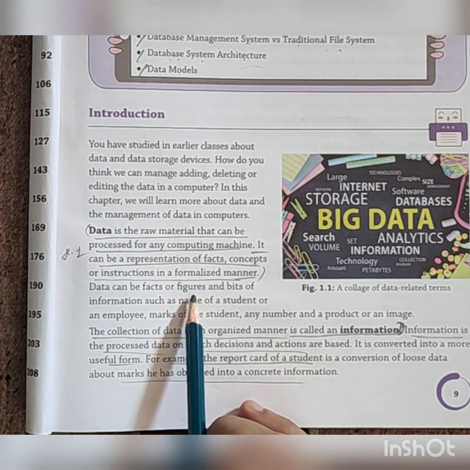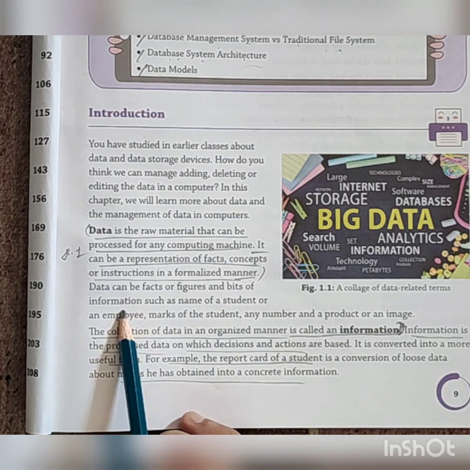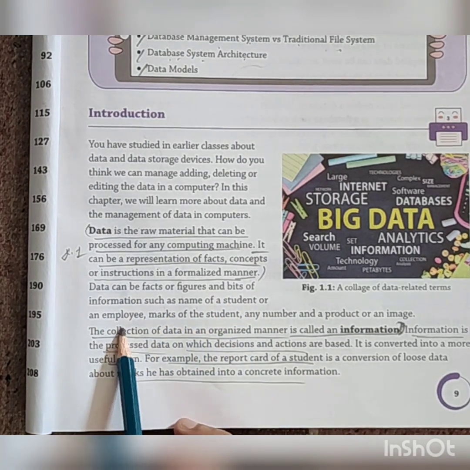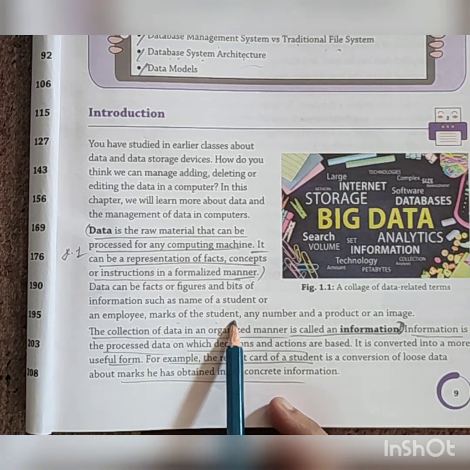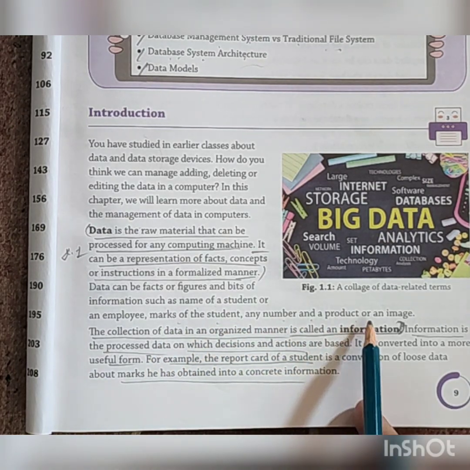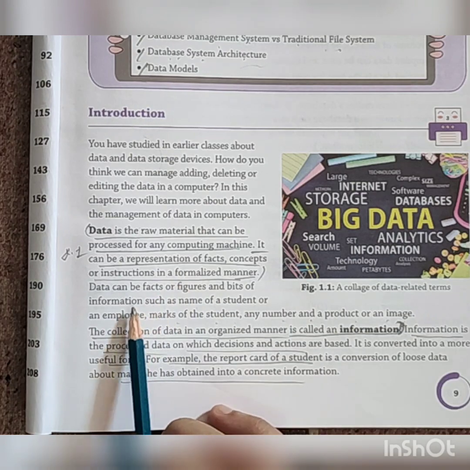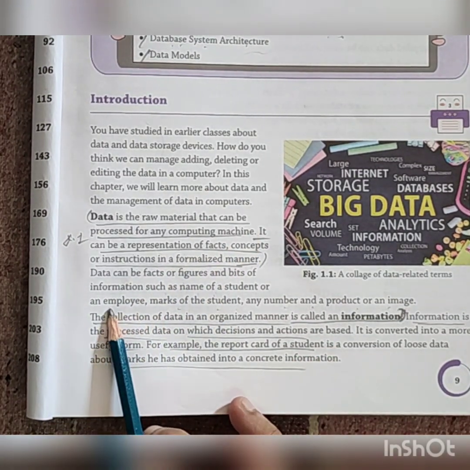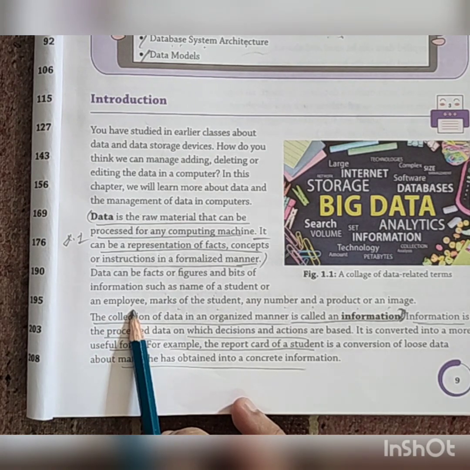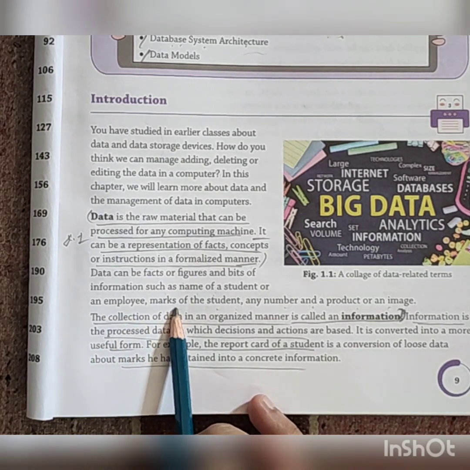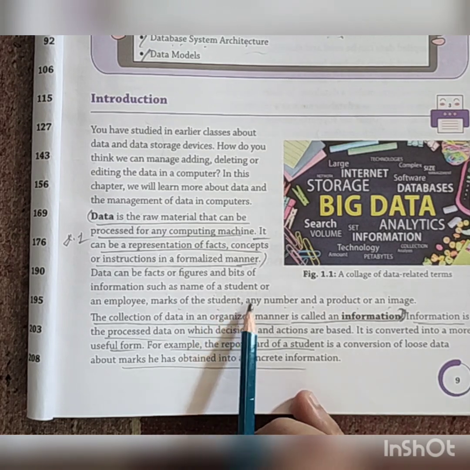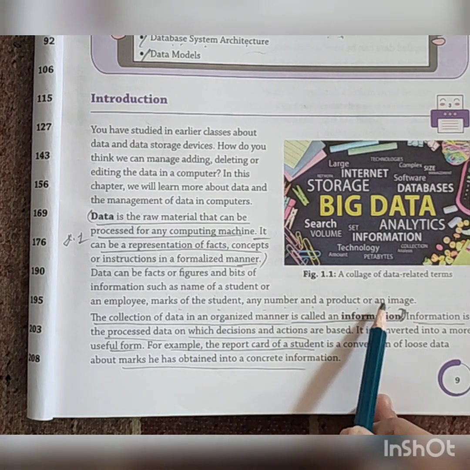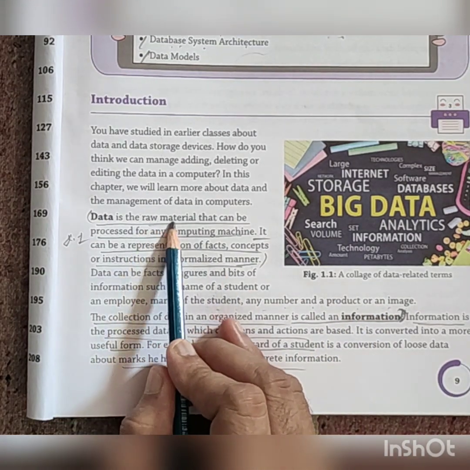Data can be a fact or figure and a bit of information such as name of students, an employee, marks of the student, any number or product or any image. So data can be anything. So data is a raw fact, raw material.